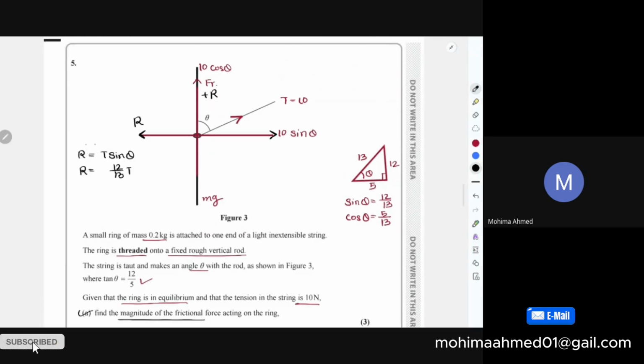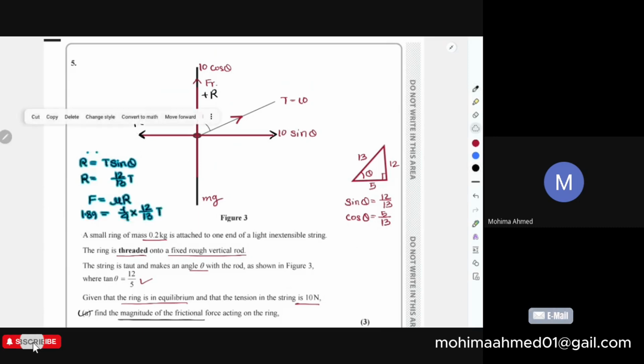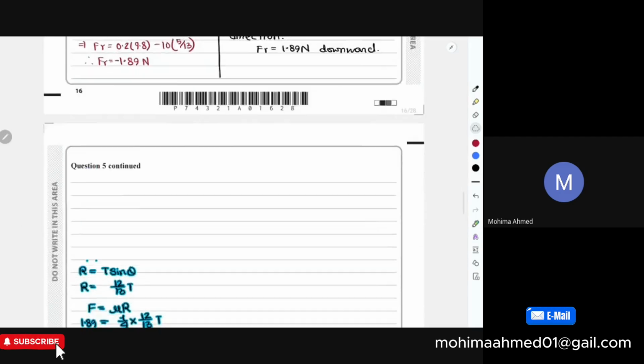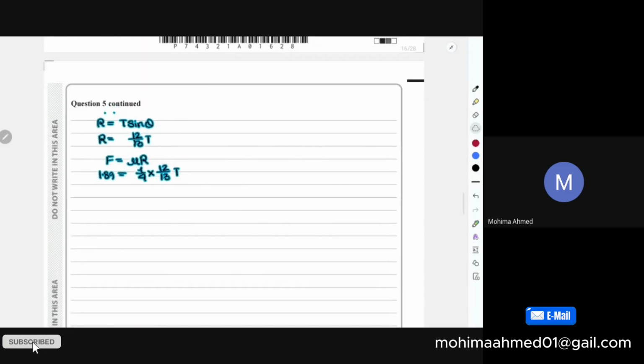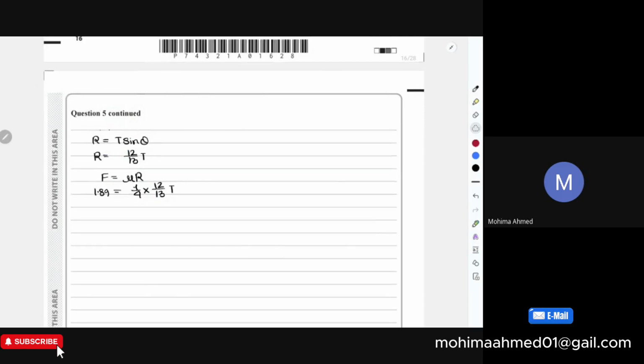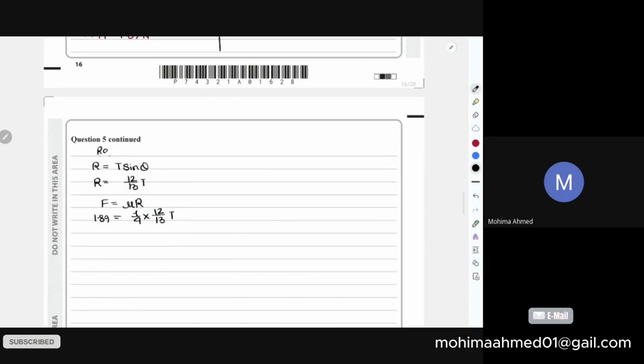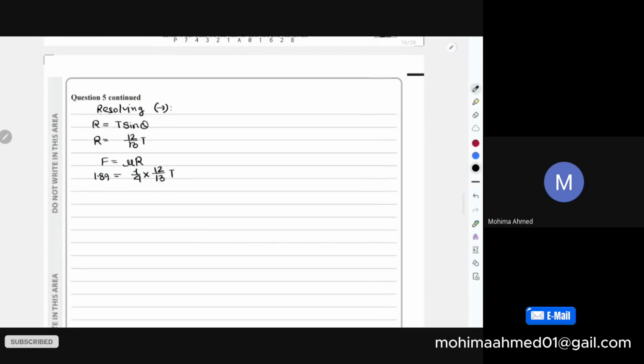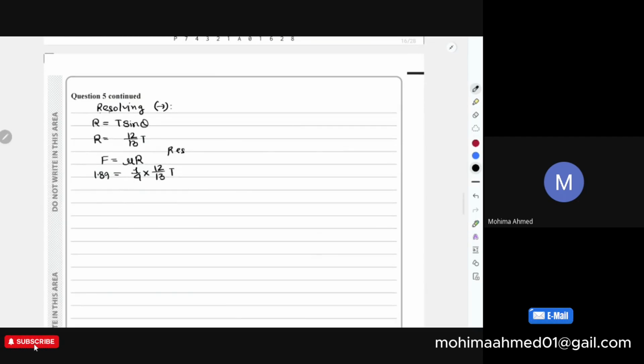So now I can use that R, friction equals mu R. Mu is 1 by 4, times 12 by 13 T. So using this, you'll get one value for your T, which is going to be the minimum value, by the way. Up to this, you were resolving horizontally, and from this part, I'm resolving vertically again.